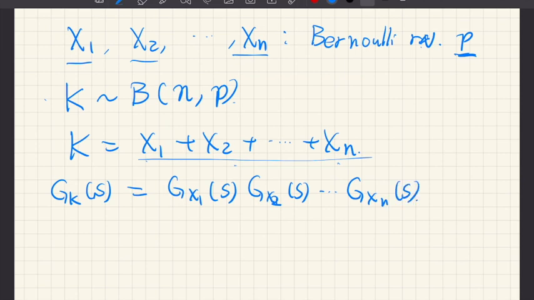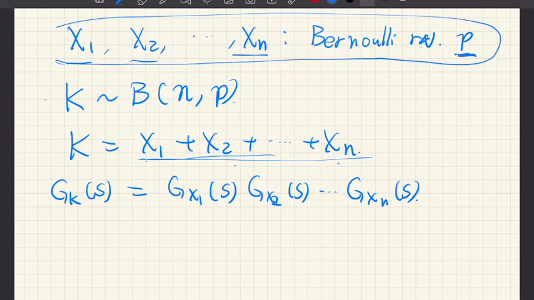They all follow the same distribution with the parameter p, and the probability generating function for a Bernoulli random variable, which we derived before, is q plus ps.